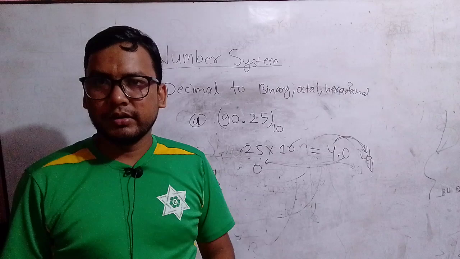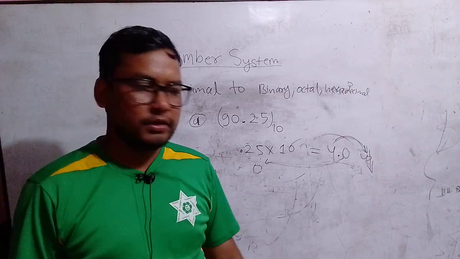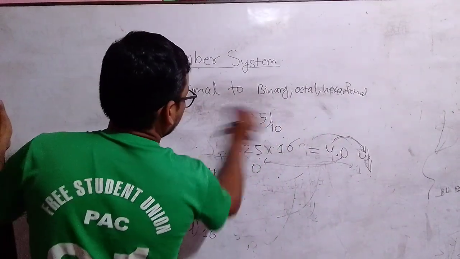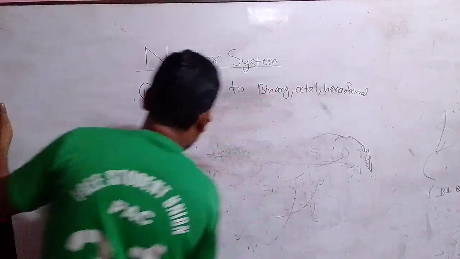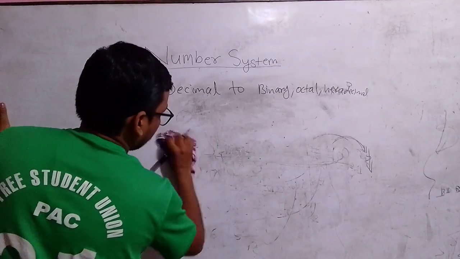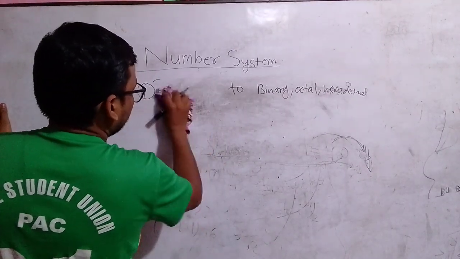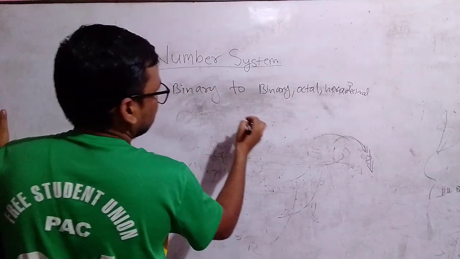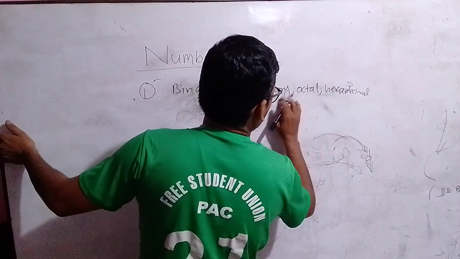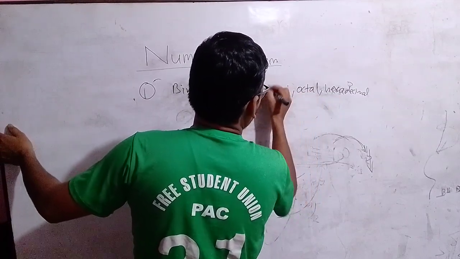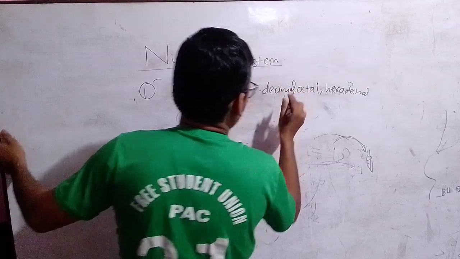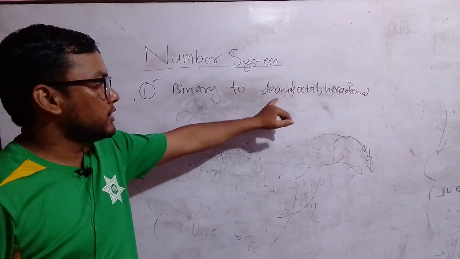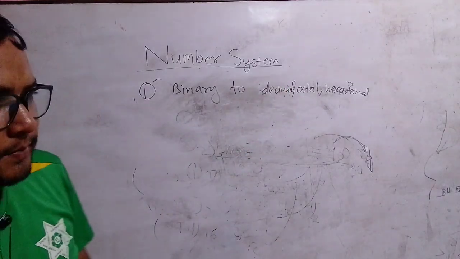Now we will learn how to convert the binary number system to other number systems. Now let's see an example of how to convert a binary number system to decimal, octal and hexadecimal number systems.